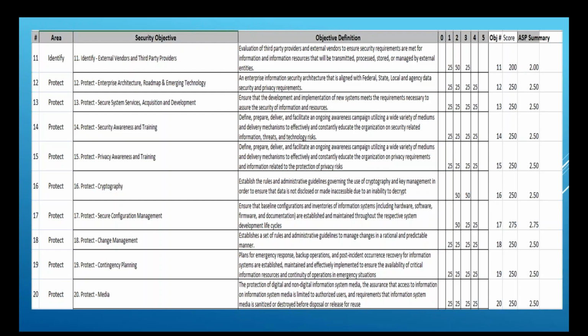Do we have a backup of those configuration files in case something gets corrupt? Do we every now and then look to see what our baseline is and what's actually running? Has somebody gone in and made a change that may not have been authorized that could potentially jeopardize a configuration?